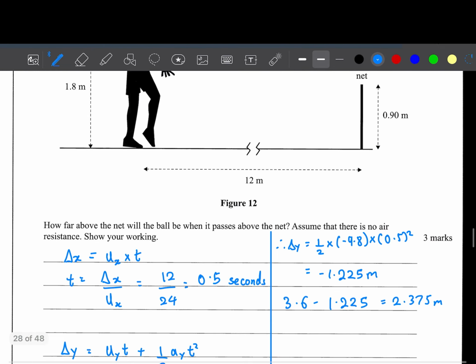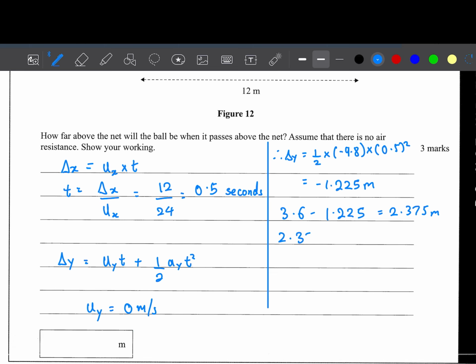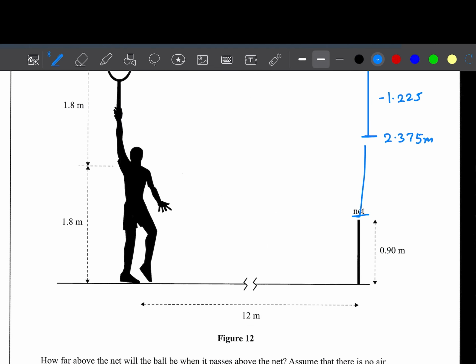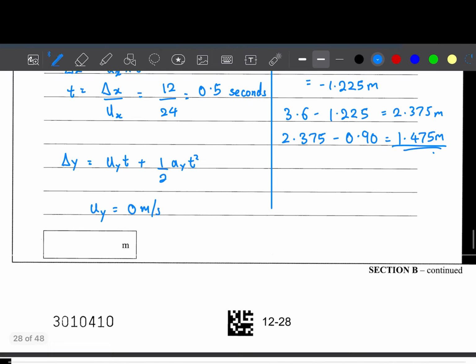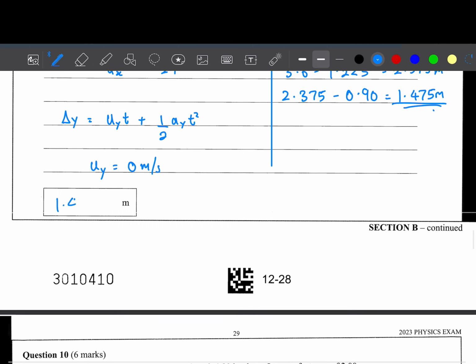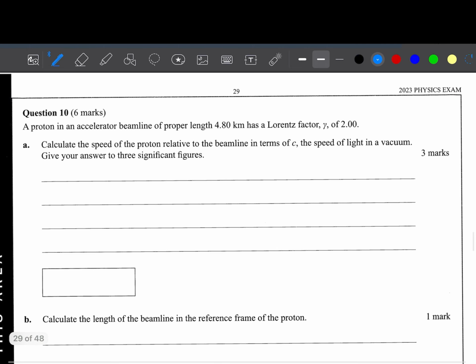So now we know that we can just do 2.375 minus 0.90, and we'll get 1.475 meters. So this distance over here is going to be 1.475 meters. So this is where the ball is going to be right over here. So distance between these 2 points is going to be 1.475. So our answer is going to be 1.475 meters.